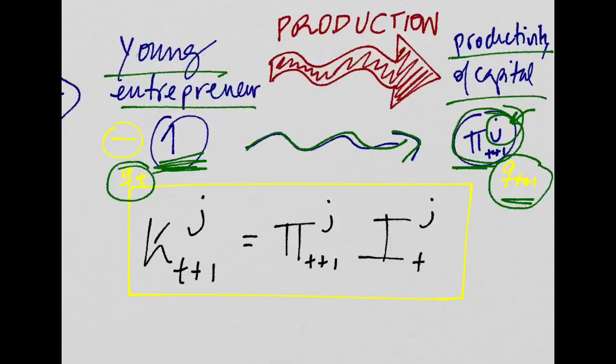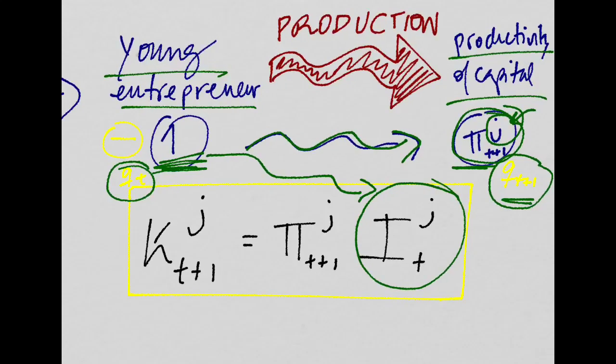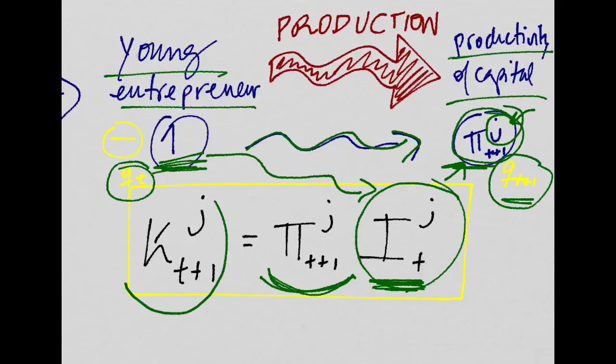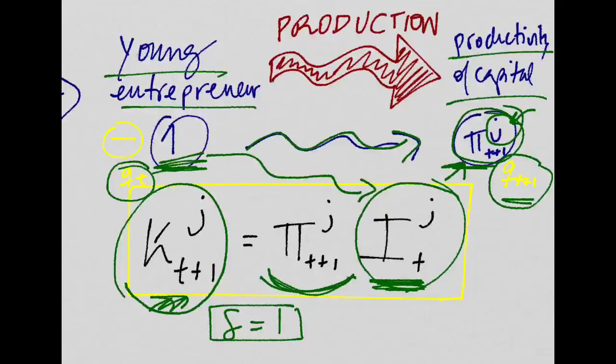Well, then, if you sum up all the investment that is done in country J, which is just going to be I, big I, and you multiply it by the productivity that each unit of this investment has in terms of producing capital in the future, you will be getting the total stock of capital that country J will have in the future.